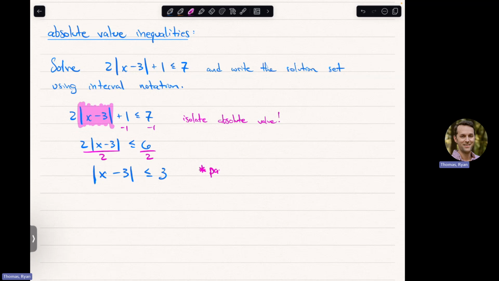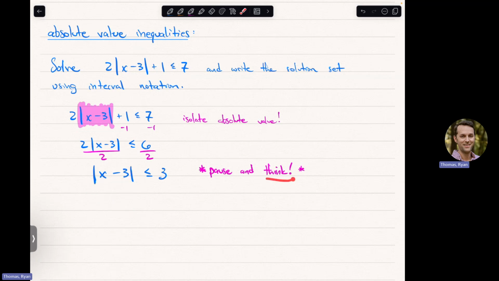This is a good place to pause and think. I don't necessarily mean the video, but you can do that too. But we're looking at an absolute value. What we know about absolute value, whether we think about it as a function or an operation that you do on numbers, is that when you take the absolute value of something, you get back a result that is non-negative, meaning it's either 0 or bigger.